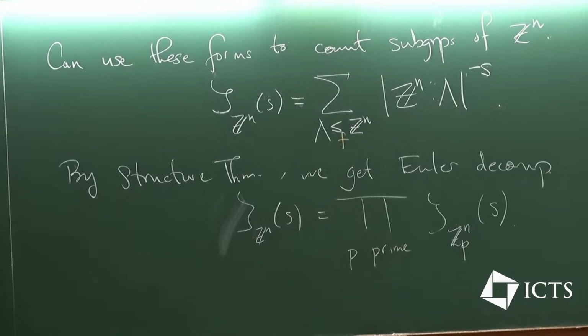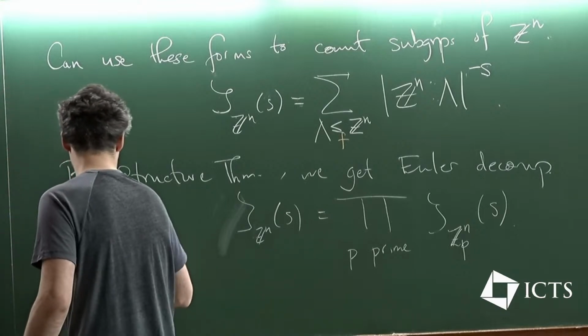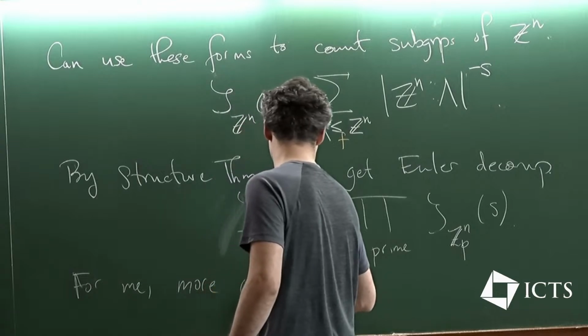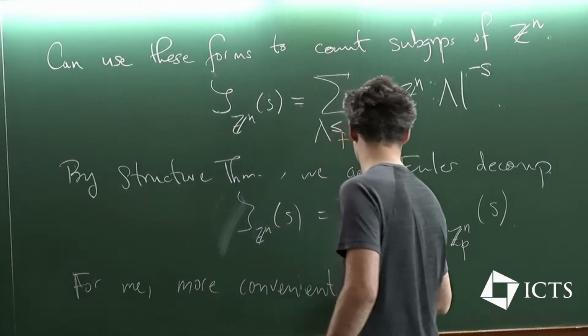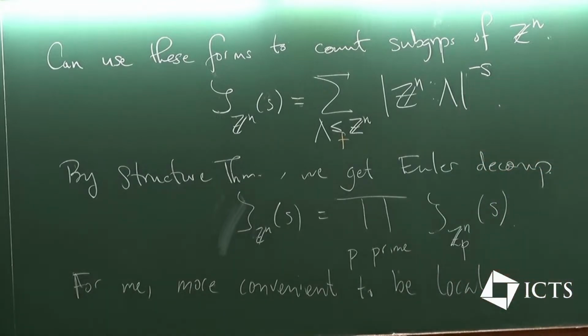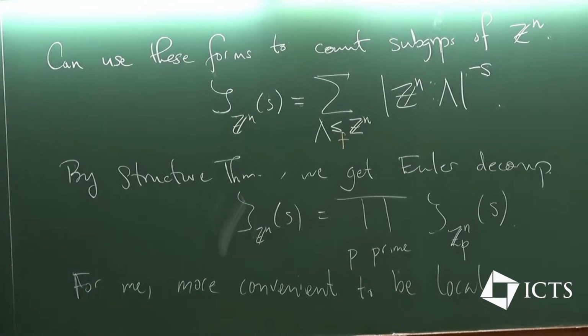It's actually a bit more convenient, and what I will be doing is working primarily in the local case. So for me, it's more convenient to be local. I'm going to be primarily talking about Z_p lattices, or in particular Z_p matrices, and it will be essentially the same sort of thing.